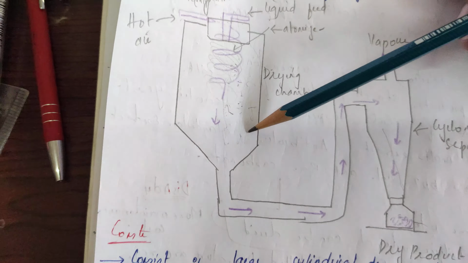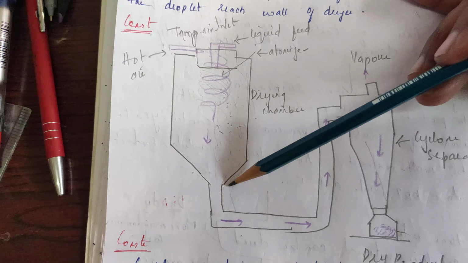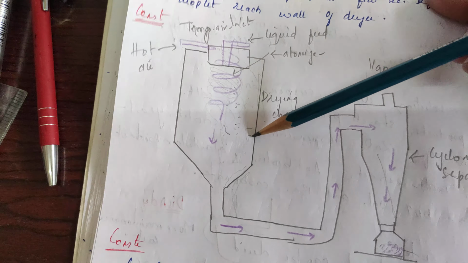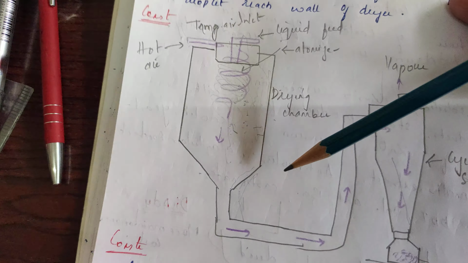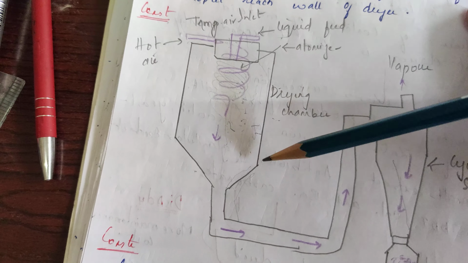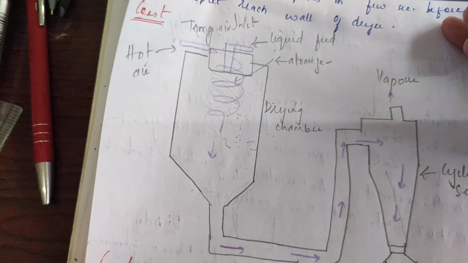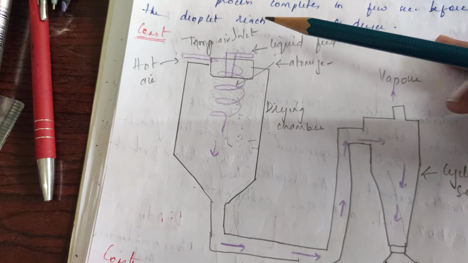It consists of a large cylindrical drying chamber which has a short conical bottom, made up of stainless steel. The diameter of this chamber ranges from 2.5 to 9 meters, and the height is around 25 meters. So we have an inlet for hot air present at the top, and another inlet for the spray disc.